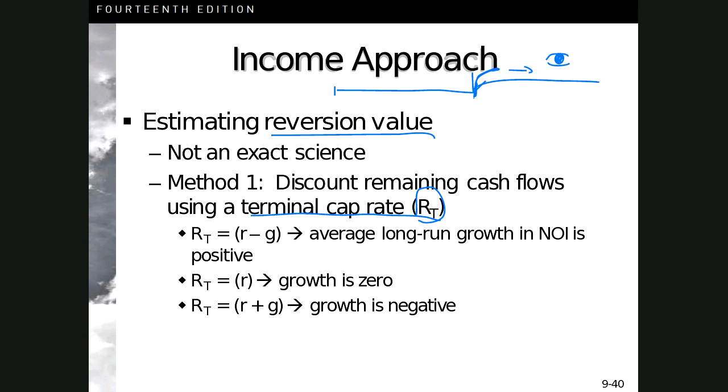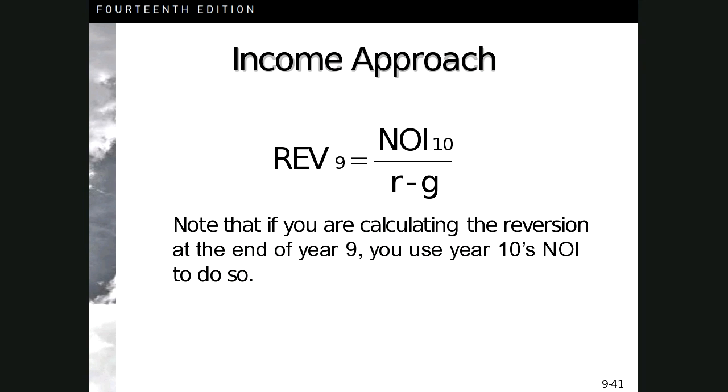So the terminal cap rate should really be equal to the discount rate minus the average long run growth. Okay, so when it's totally discount rate R, then the growth is 0. If the growth rate is negative, then the two of them will be added together, and so on and so forth. So if you look at this one, does it look familiar to you?